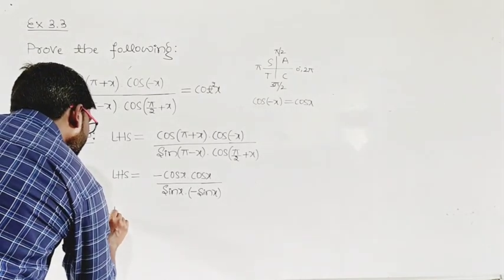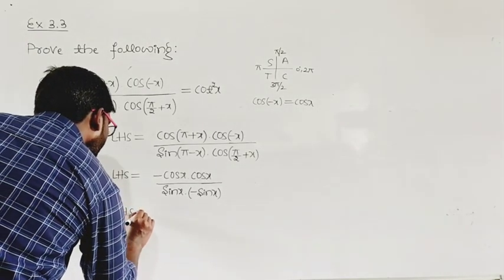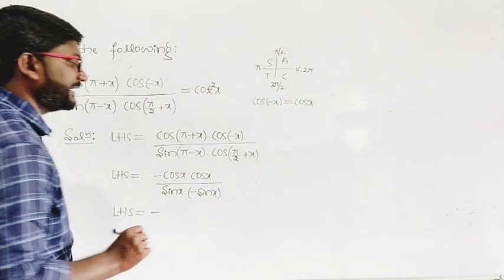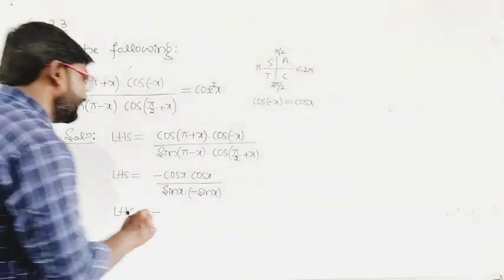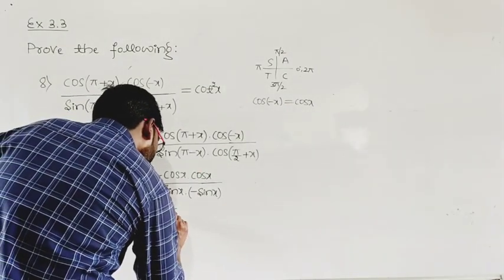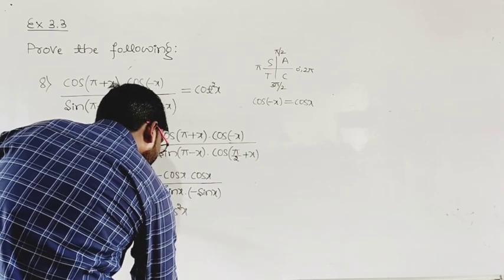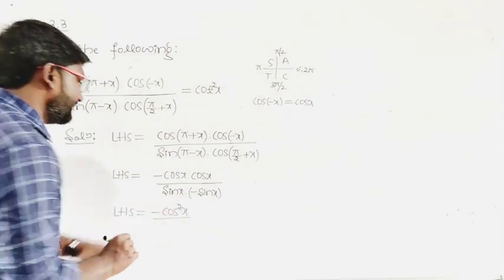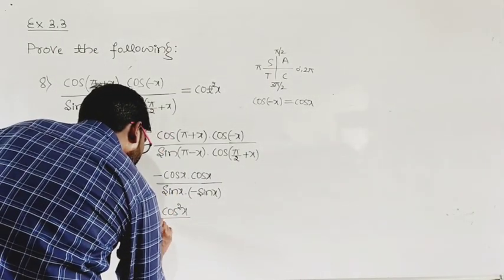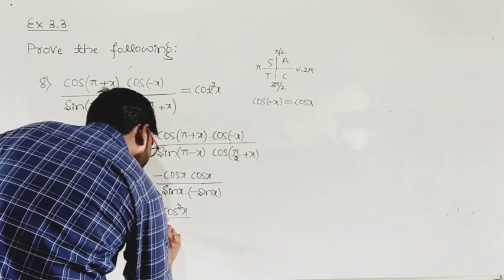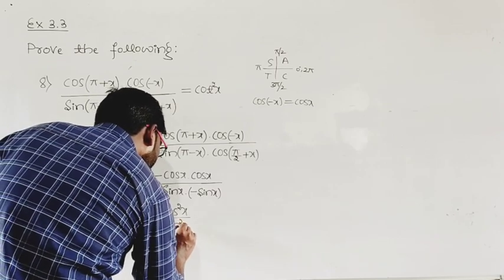So let us simplify this. Minus, I will be writing it as it is, cos x into cos x will be cos square x divided by, so now this minus I will be writing in the beginning, then sin x into sin x will be sin square x.